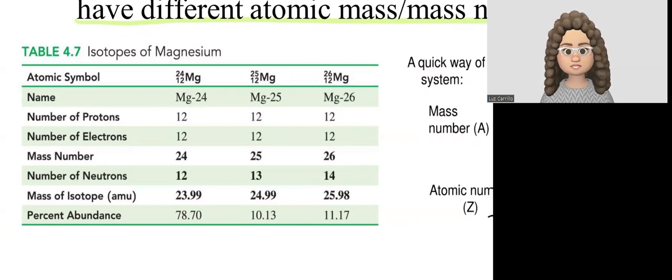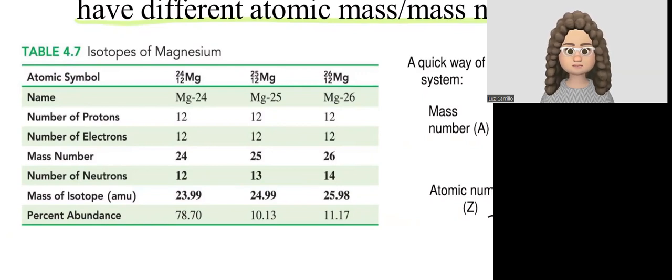When we compare magnesium 24, 25, and 26, magnesium 24 has the highest percent abundance. What that means is that if you study a sample of Earth's crust, the most common magnesium isotope of these three is going to be magnesium 24.